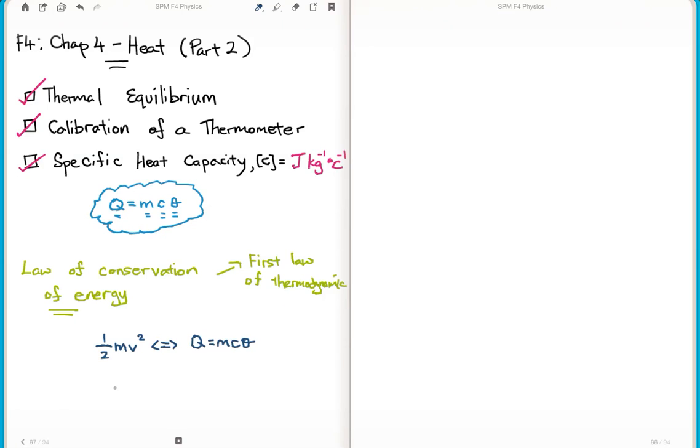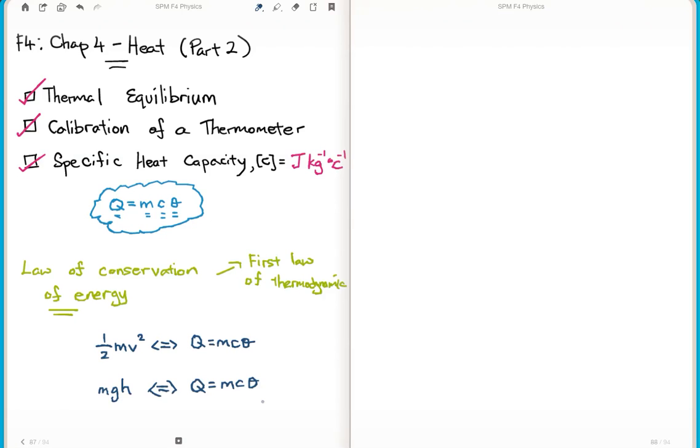Let's say you have high water in the upstream going to downstream, the temperature difference could be as high as 2 degrees C. So you have kinetic energy, and gravitational potential energy, mgh, mass, gravity, height, interchangeable, and can be transformed from one to another to heat. Whenever there's a temperature increase, then it's mc theta straight away. This is what you need to use.